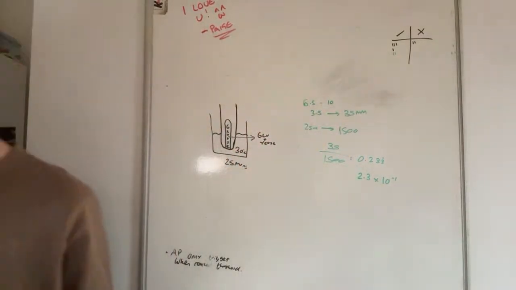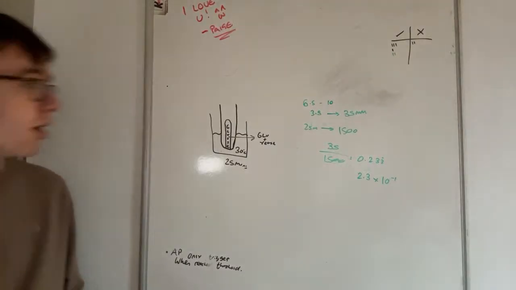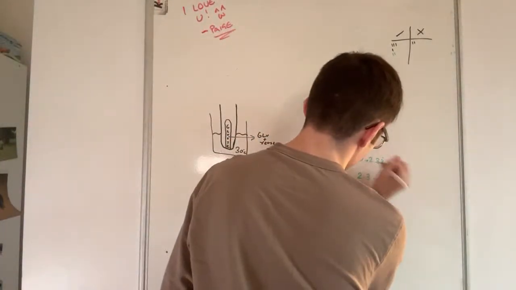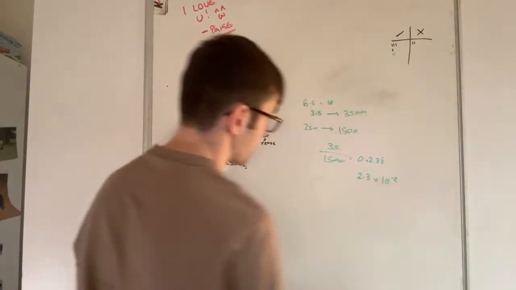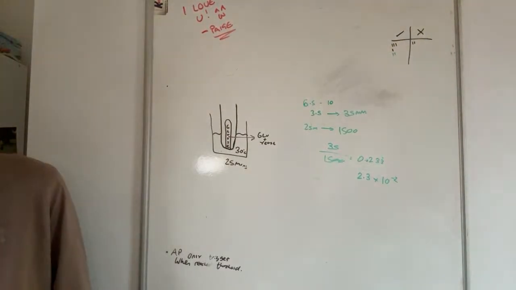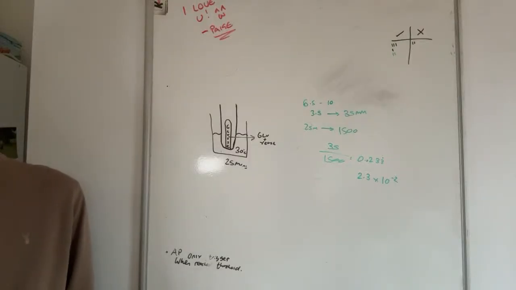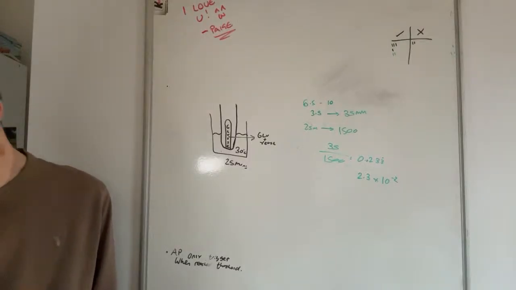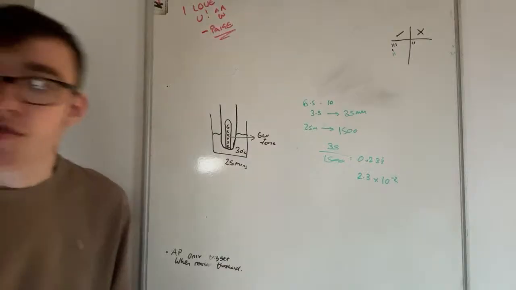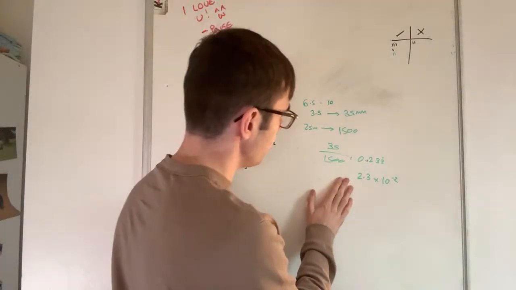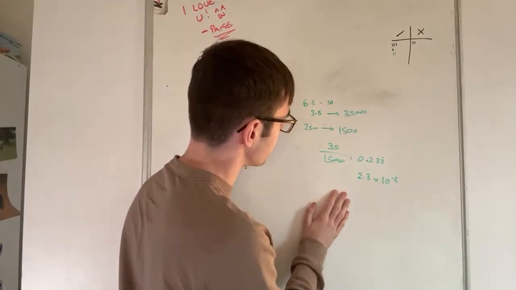Feel like I've done that wrong, because that is a very weird... No, because I brought it in wrong from a calculator. 2.5 times 10 to the power of minus 2. So I was off somehow.